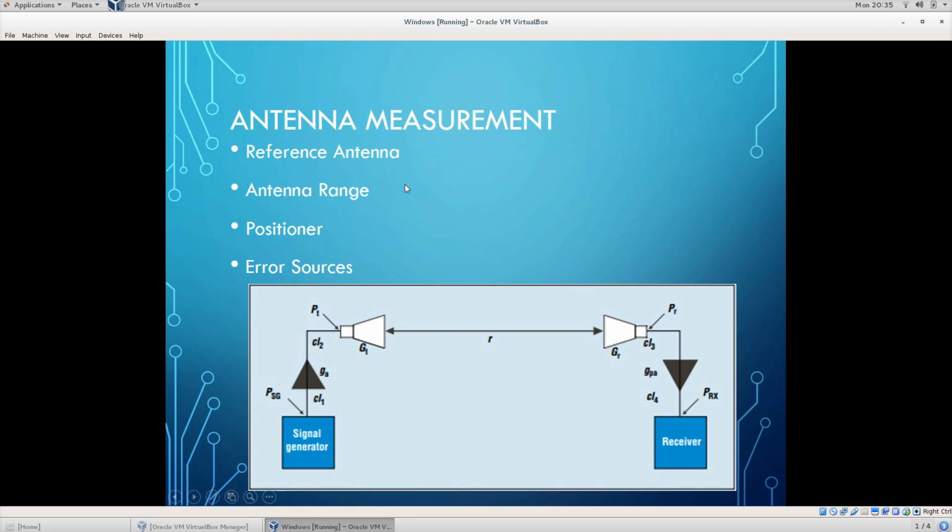So this is a simple diagram of an antenna measurement system, with a signal generator and receiver. This is very similar to what we're going to be doing in this lab. You're going to have a signal generator, a horn antenna, a patch antenna, and a receiver.